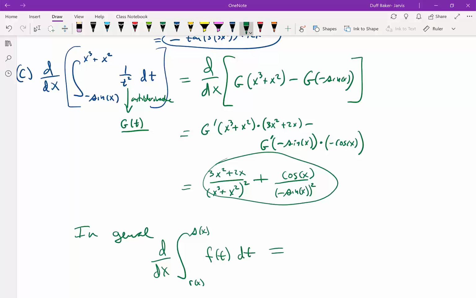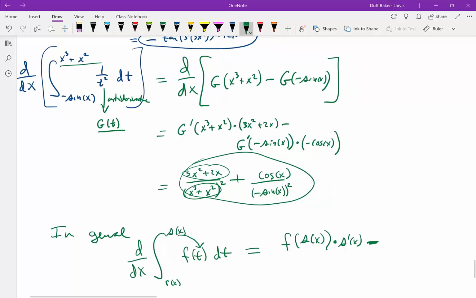Well, what you always do is you plug in the top. So you take your s of x and you throw it in there. But then you have to multiply by the derivative of s. Right, so that's what happened here: we plugged in x cubed plus x squared, and we plugged that in here. Then we multiplied it by the derivative, right? And then you subtract, doing that same thing with the bottom one.